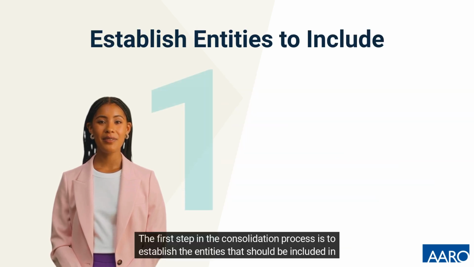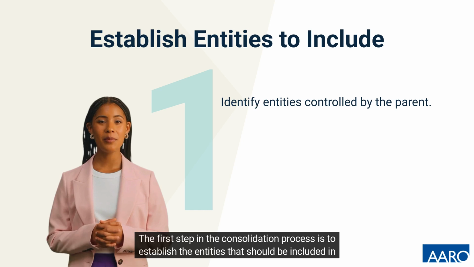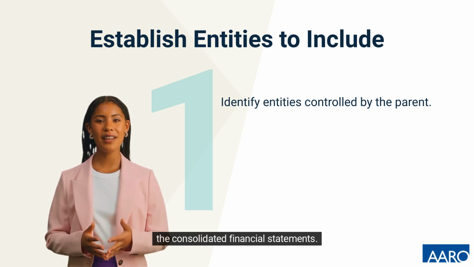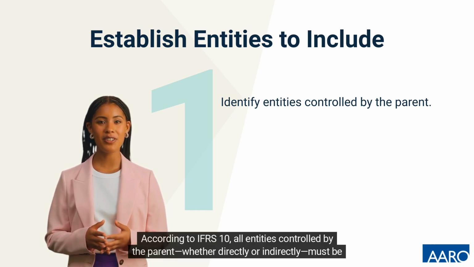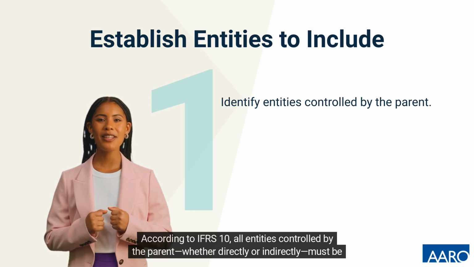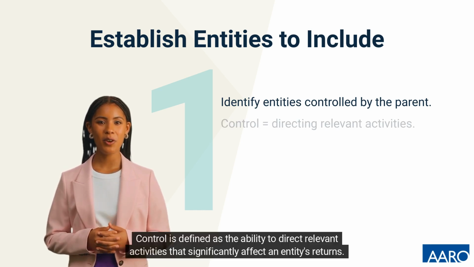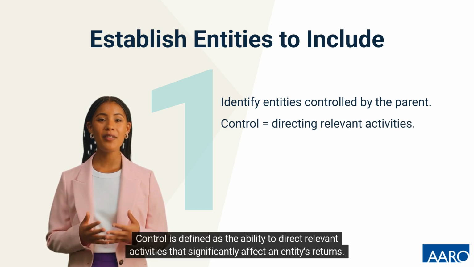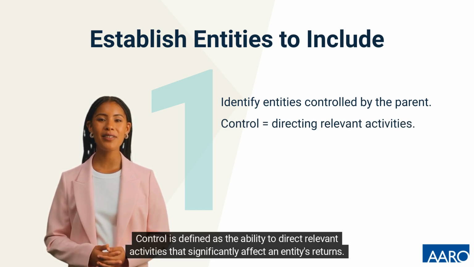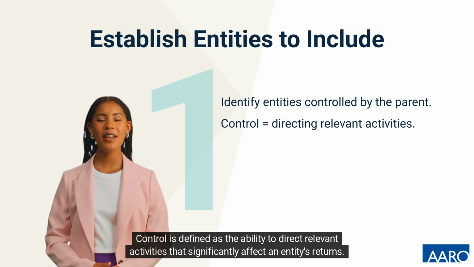The first step in the consolidation process is to establish the entities that should be included in the consolidated financial statements. According to IFRS 10, all entities controlled by the parent, whether directly or indirectly, must be consolidated. Control is defined as the ability to direct relevant activities that significantly affect an entity's returns.